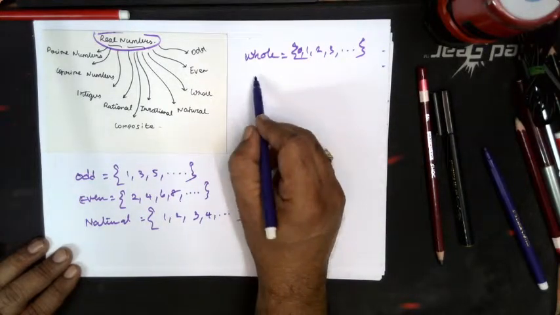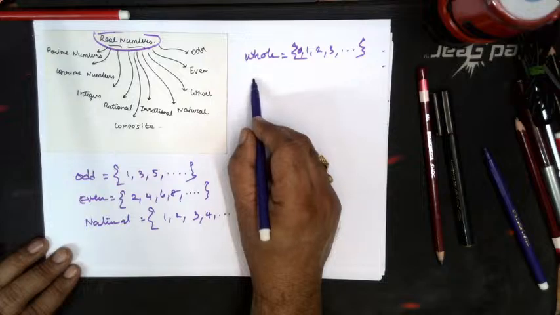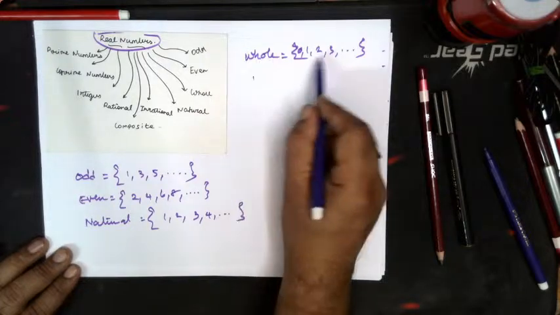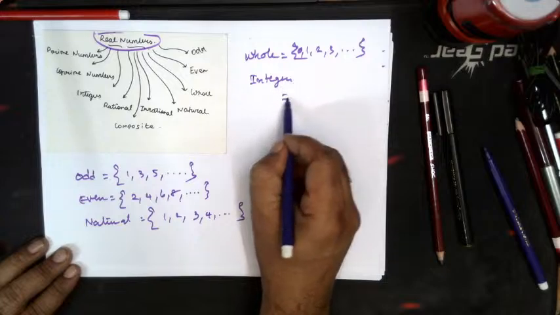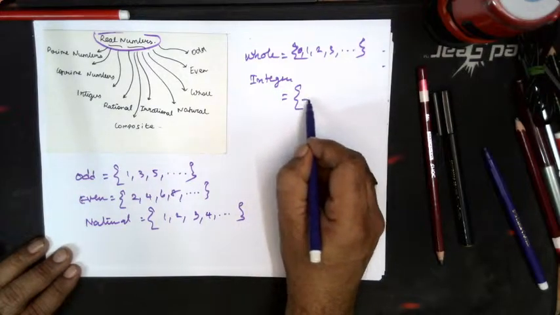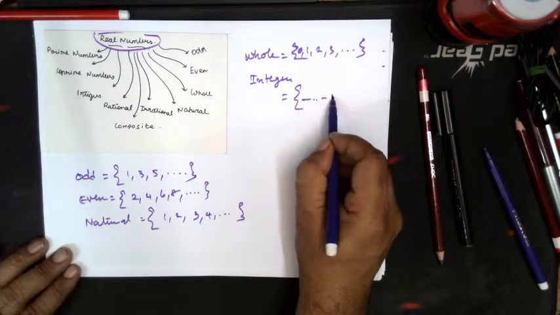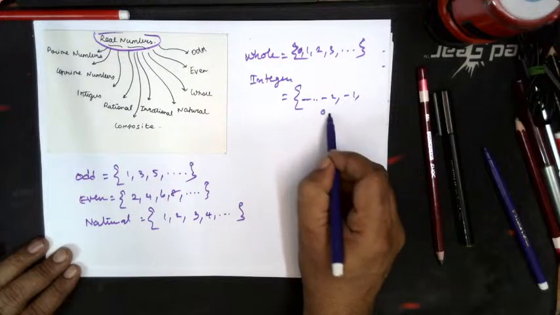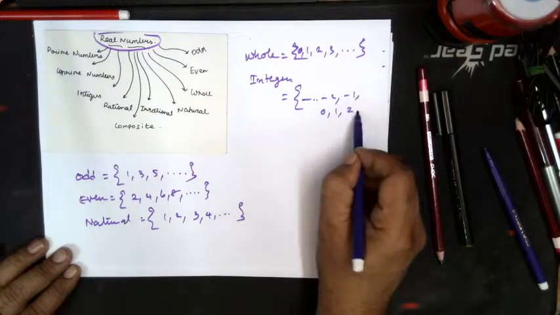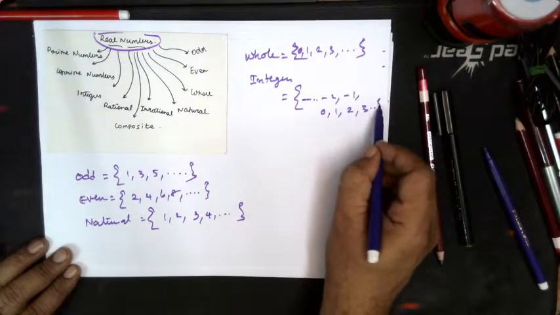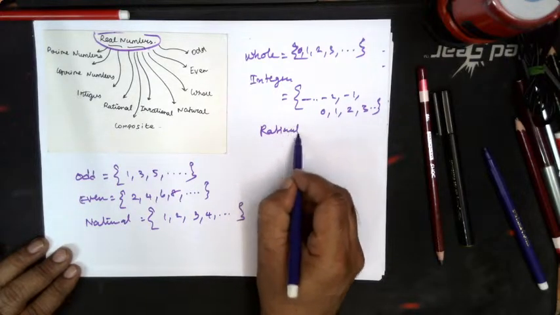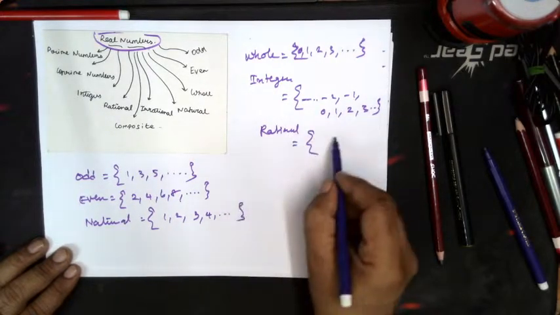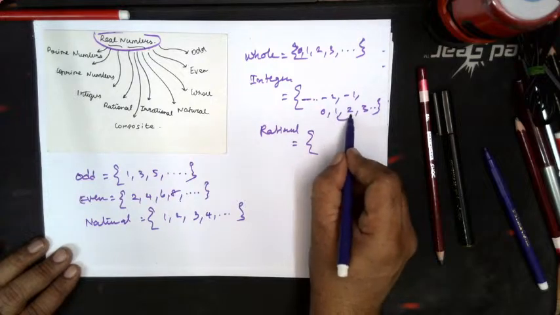And rational number, let us have whole number, then integer. Integer means minus dot dot dot minus 2, minus 1, 0, 1, 2, 3, etc. And rational number means you can have any number in between that, is it not?